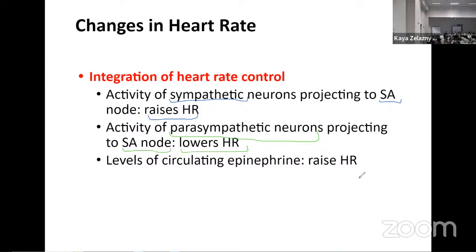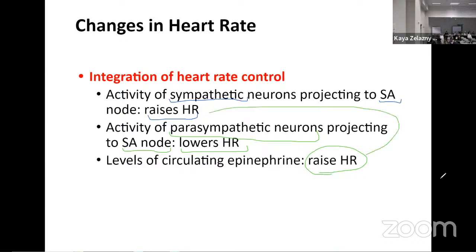The other important part, I would consider glucagon not really important for our purposes here. We cared about it when we cared about blood sugar. We're not going to care about it when we care about the heart. But epinephrine we do care about, right? That stress hormone coming from our adrenal medulla. This can raise our heart rate, just like our sympathetic nervous system did.